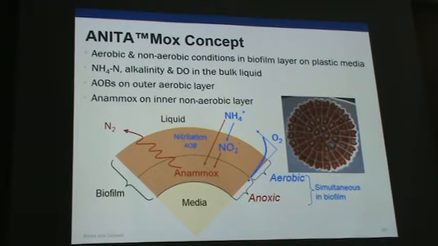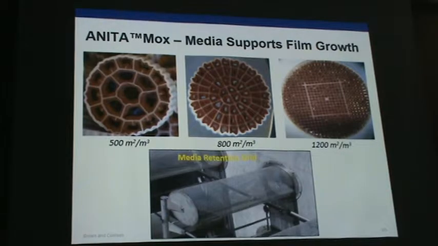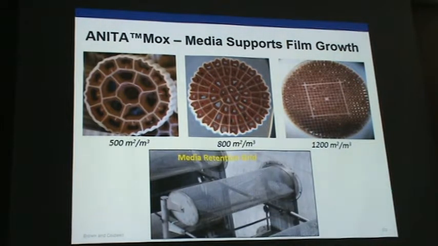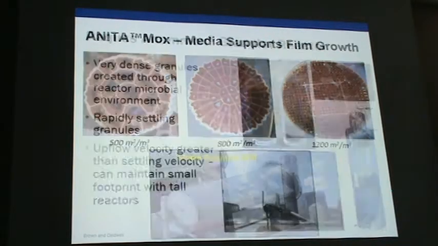And it's exactly the same process as in the Demon. It's just that you grow the bugs in a different fashion in the form of that biofilm. And you can use different kinds of media. You put them in a reactor, and you have to put screens on in the overflow to make sure you don't lose these tiny little plastic media in the overflow.